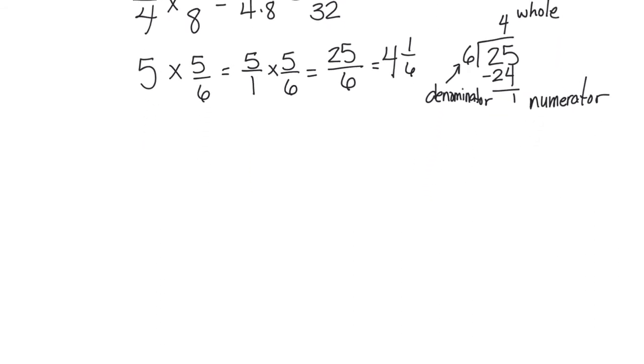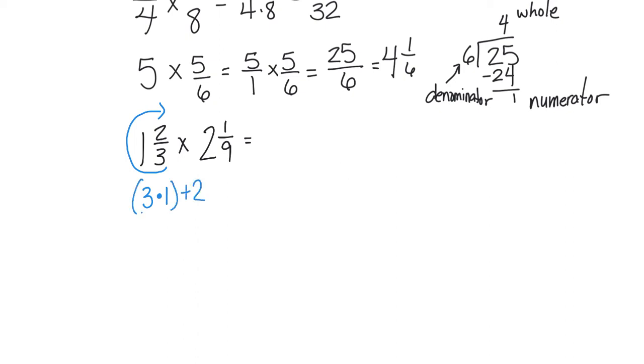If your problem involves mixed numbers, if you have 1 and 2/3 times 2 and 1/9, anytime you're working with mixed numbers, we encourage students to use the backwards C method. The backwards C method simply says that they will take the denominator and multiply it times the whole number and add the numerator and place it over the denominator.